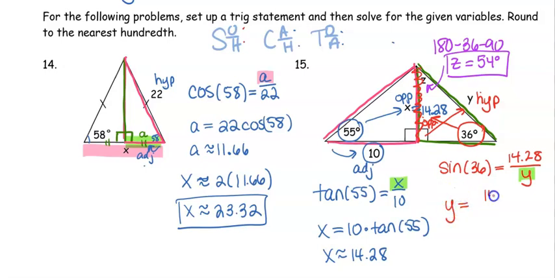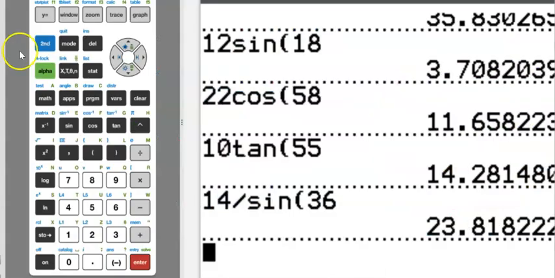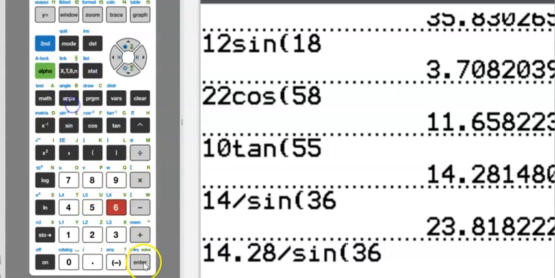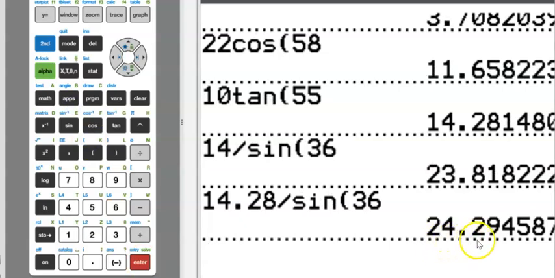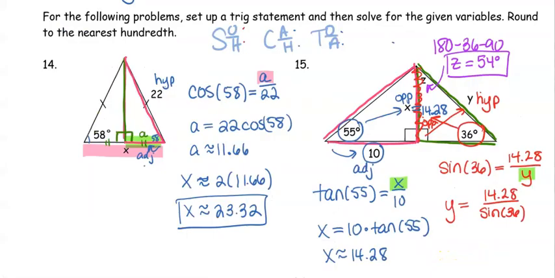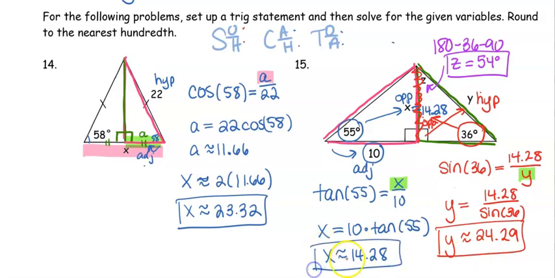Y is equal to 14.28 divided by the sine of 36. So we've got 14.28 divided by sine of 36, giving us 24.29. So Y is about 24.29. So we have our three missing: X, Y, and Z.